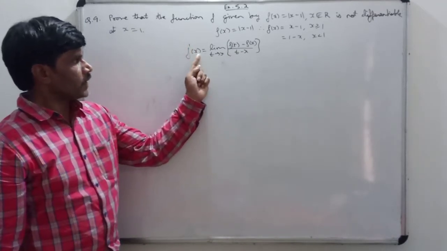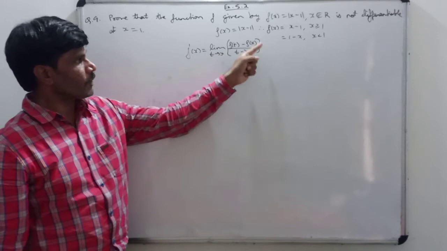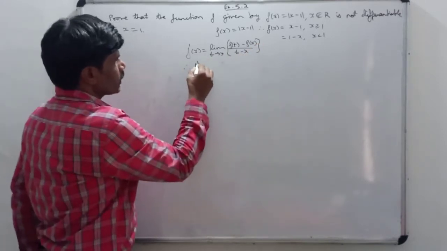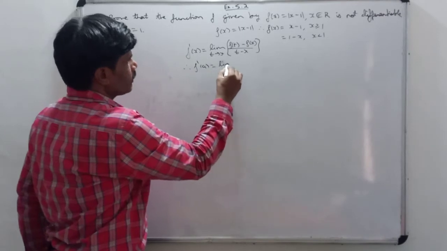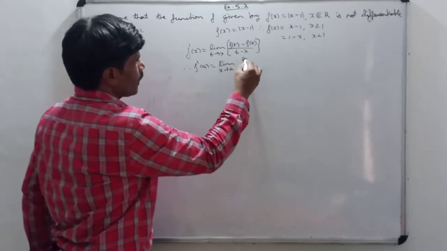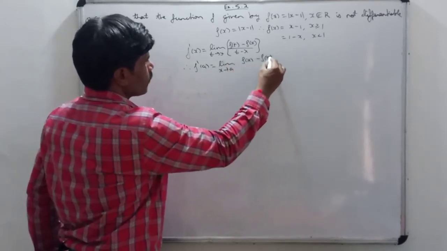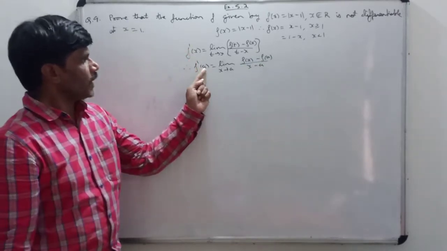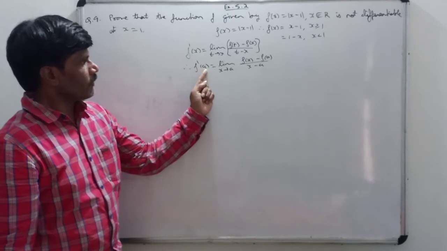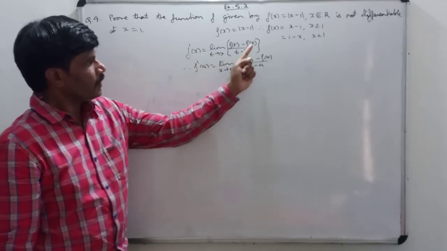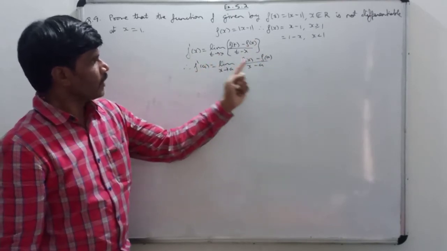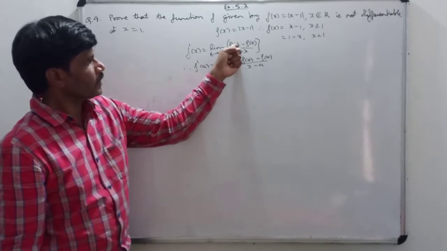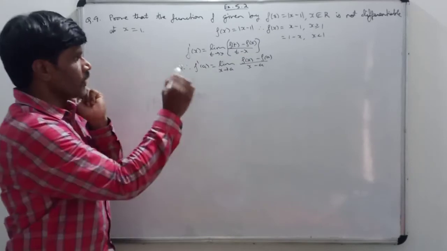Same way f'(a) is equal to limit x tends to a, (f(x) minus f(a)) upon (x minus a). I have just replaced x by a, and in place of t I have written x. Same thing only.